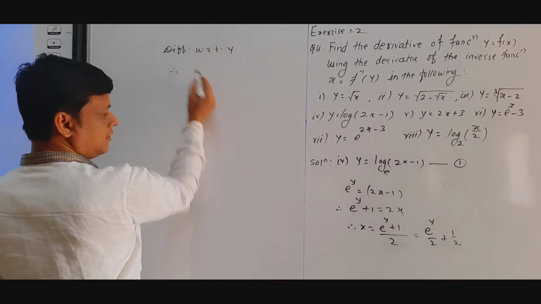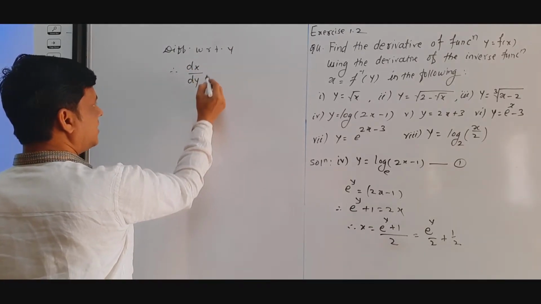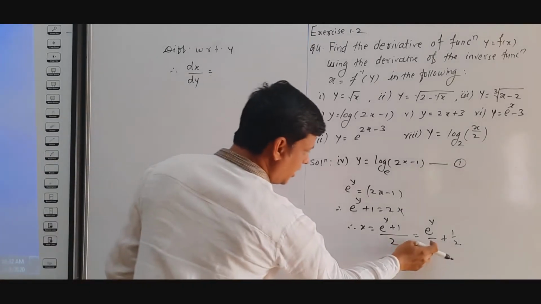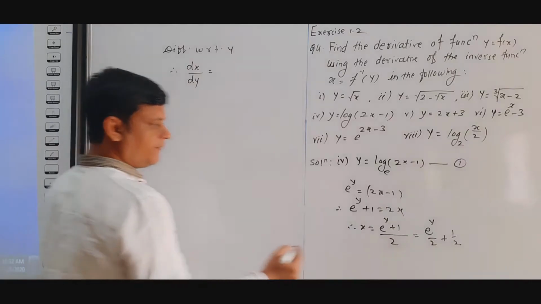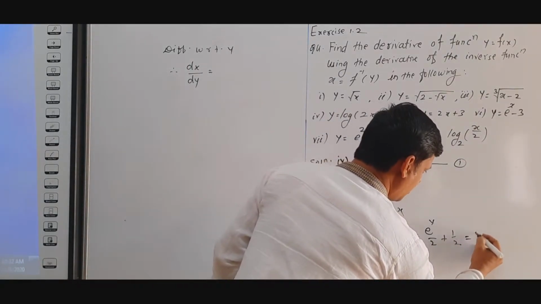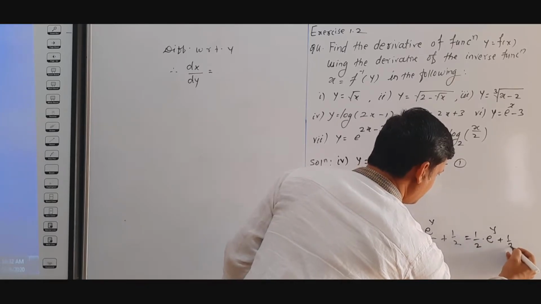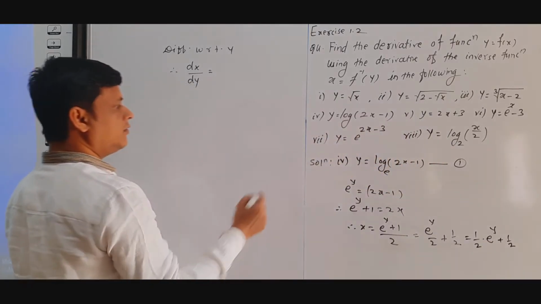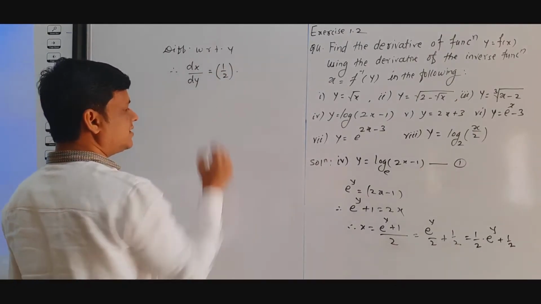So we differentiate with respect to y. On the left hand side we write the derivative of x as dx upon dy. Now we can write this as 1 by 2 into e raised to the power y plus 1 by 2. Here 1 by 2 is a constant with the function e raised to the power y, so we keep 1 by 2 as it is.